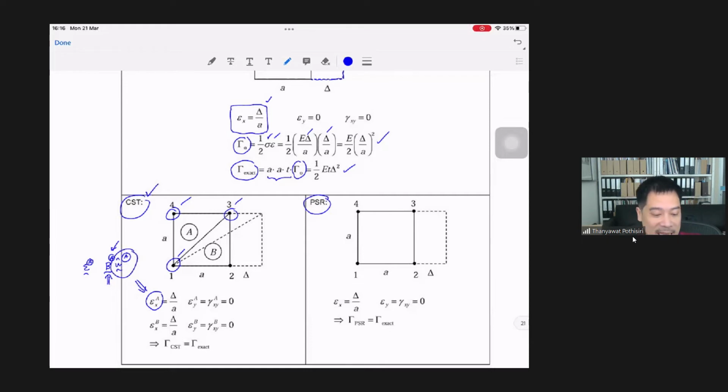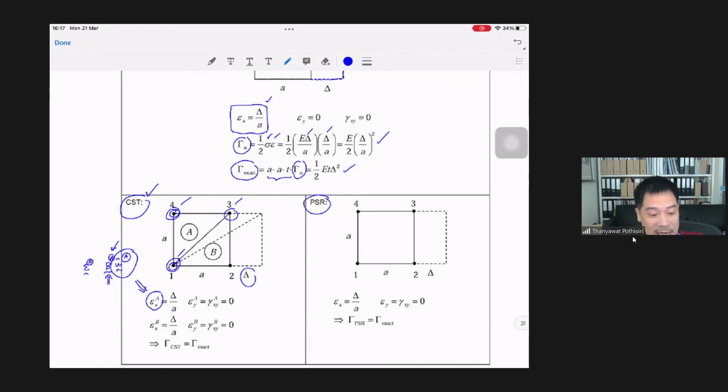U hat of element A is equal to 0 at node 1 here. What about at node 4? It's also equal to 0, right? But at node 3, U hat of element A is equal to delta in the horizontal direction.